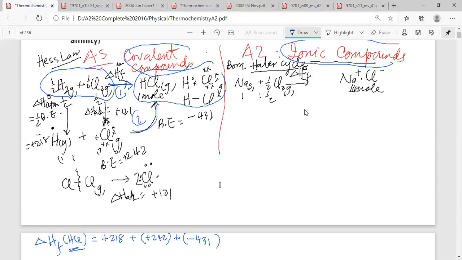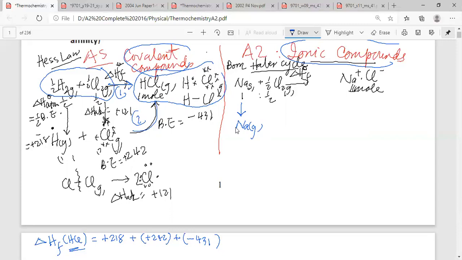Okay, now here what happens? How is 1 mole of an ionic substance formed? Very simple. Now from sodium, which is the metal, of course, sodium will go first. Sodium gas. From solid to gas is the heat of sublimation.